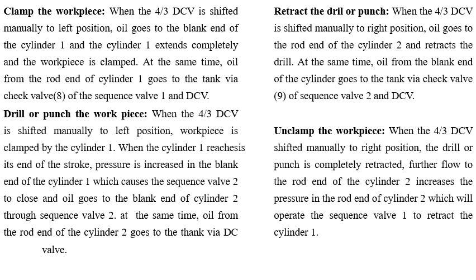After completion of the operation, cylinder 2 will be retracted. In the third sequence, cylinder 2 is retracted, which means retract the drill or punch, and the next sequence is unclamp the workpiece.